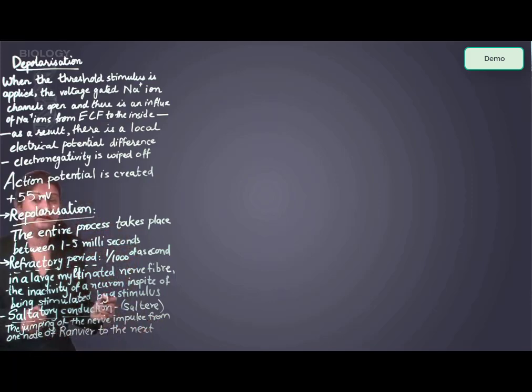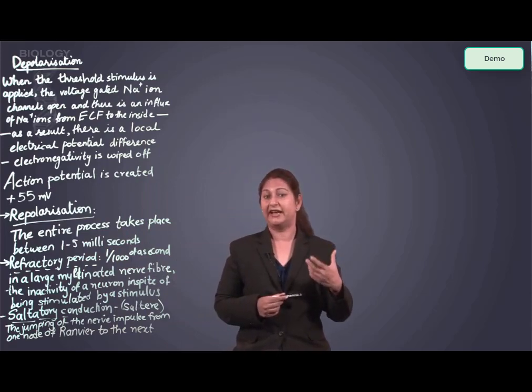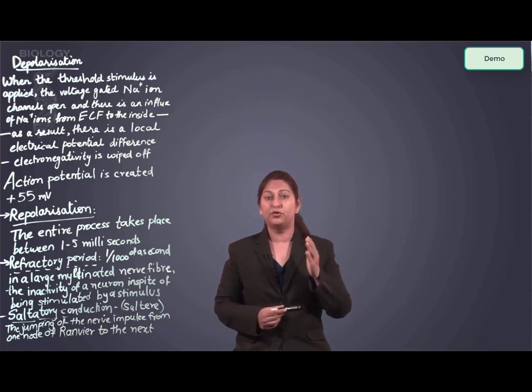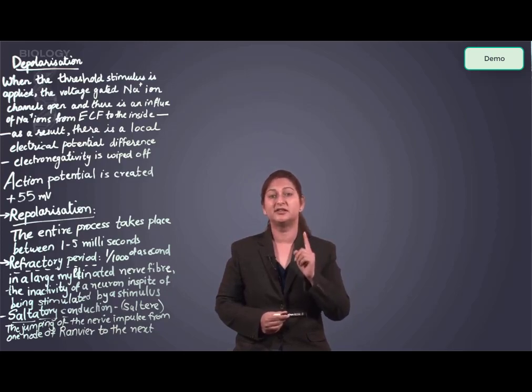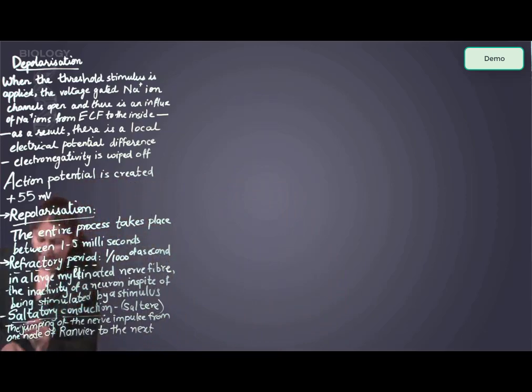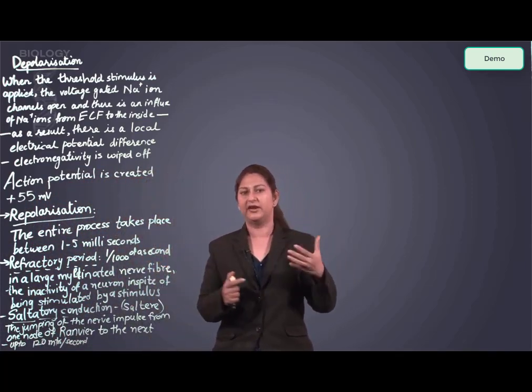All right, and can you imagine the speed it can achieve because of this myelinated nerve fiber? Up to 120 meters per second. That is the speed taken up in the myelinated nerve fibers. We can mention it here. It goes as much as up to 120 meters per second.